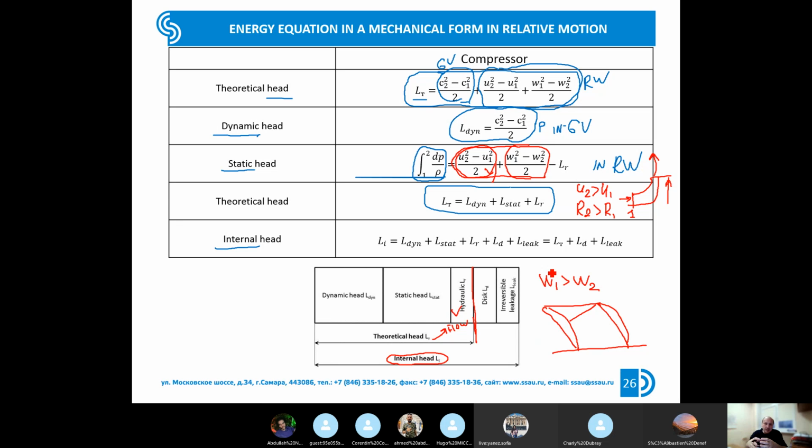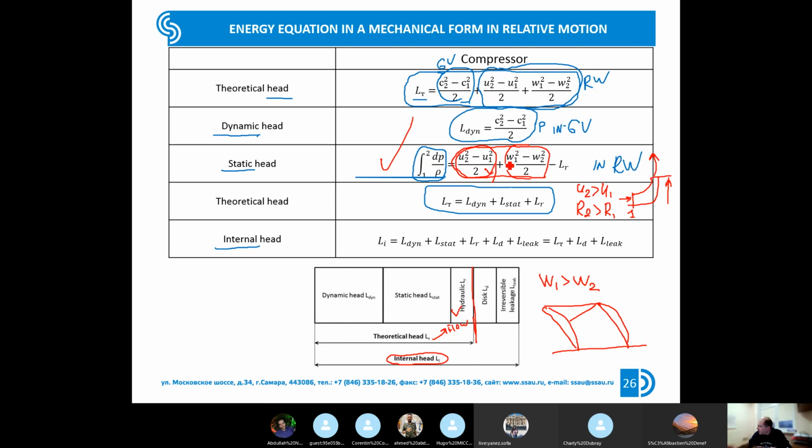We will assume all the information from all the equations which we discuss, and I hope it will set all the information about the working process of the turbine and the compressor, and you will clearly understand the working process. This is really the basic equation for understanding the working process of the compressor. It explains why the pressure increases, and the second question, how to realize it in construction.